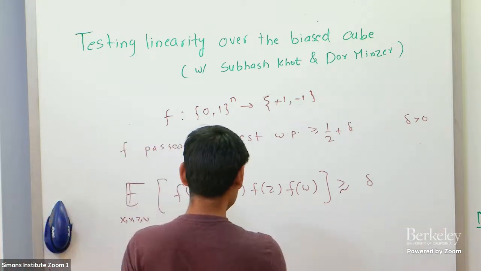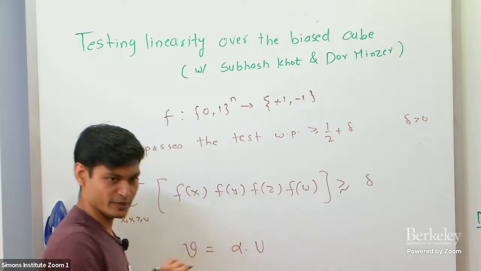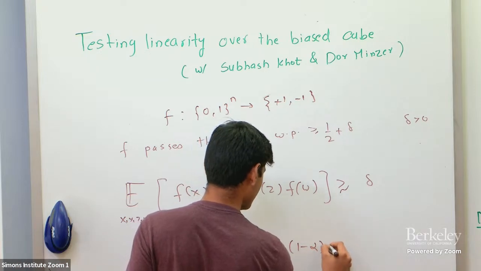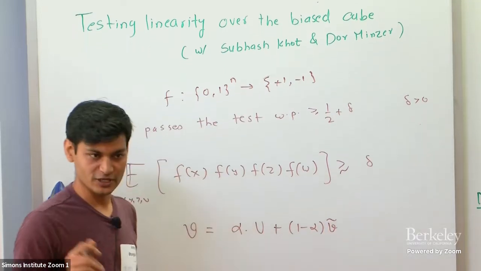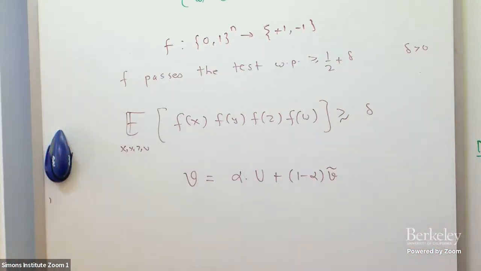So in order to reduce to that case, we'll write nu as some alpha times the uniform distribution on the 4 bits plus 1 minus alpha times the residual distribution. And what we'll do is we'll first choose some 1 minus alpha fraction of the coordinates independently, and set these values according to nu tilde. Then on the remaining coordinates, we'll just sample a uniform 4-bit string whose addition is 0.